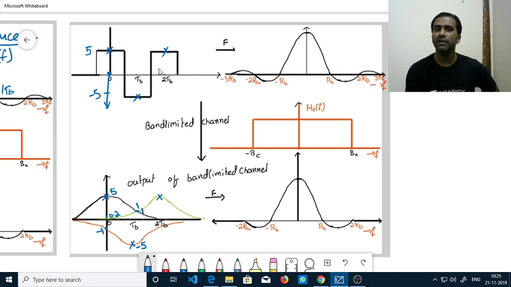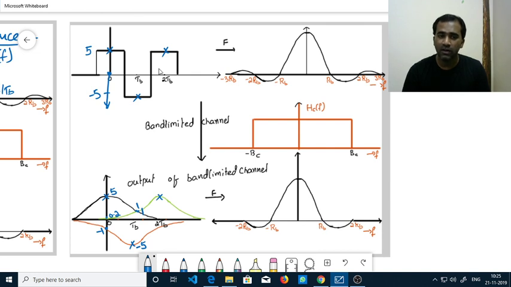If the noise is more than 5 volts, then the voltage received at the receiver will be a negative value. If it is a negative value, you will understand it as a 0 bit. You have transmitted a 1 bit, but you are understanding it as a 0 bit if the noise is more than 5 volts. But here, if the noise is more than 3 volts only, you are going to get an error. So the probability of error has increased. The chance of getting an error has increased because of this ISI.